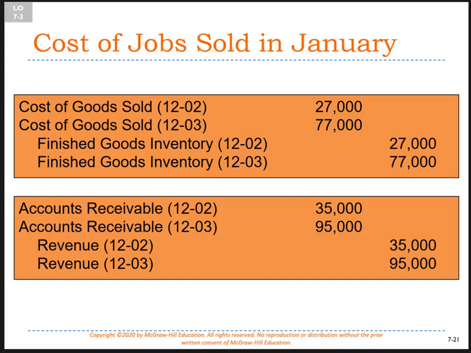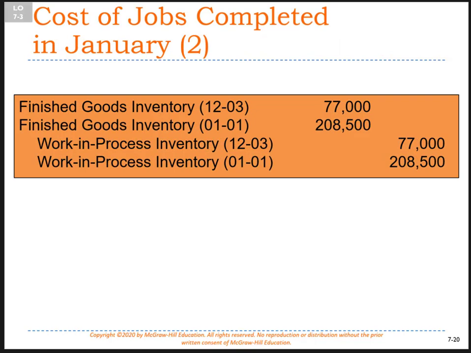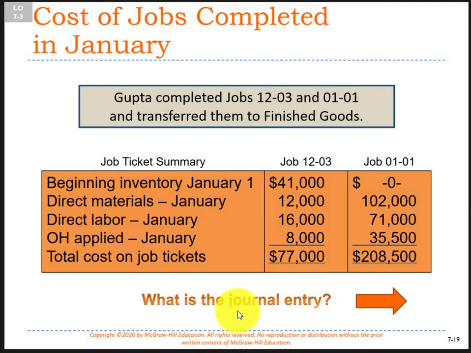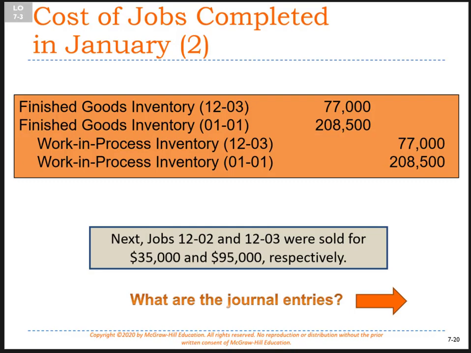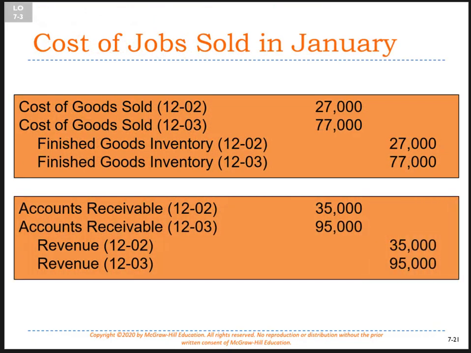And then the job 1203 we know is 77, right, from our finished goods, and going back to this whole schedule here where we calculated the cost of 77. That stays with us. We know that. Our system's tracking that so that when we sell it, we record it as cost of goods sold of 77.